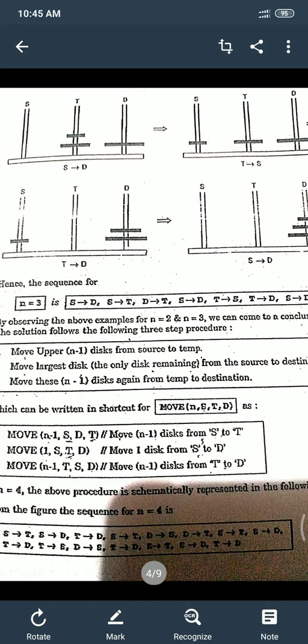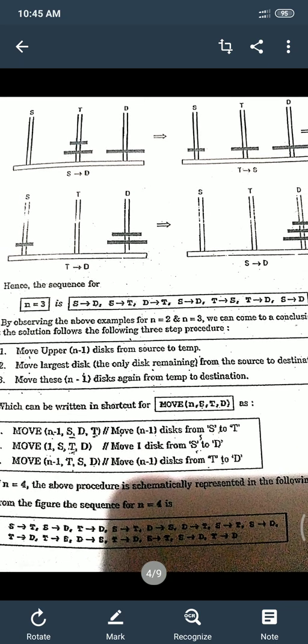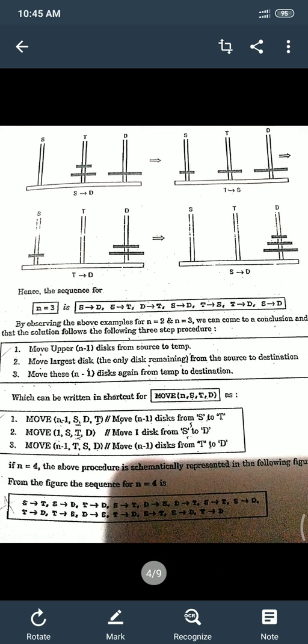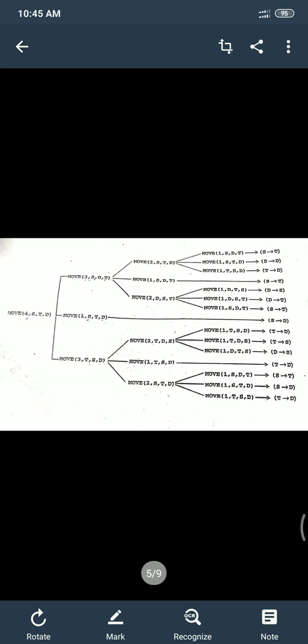The third, move(n minus 1, t, s, d), is nothing but move n minus 1 discs from temporary to destination pillar. In a similar way, in the other example we have taken, if n equals 4, the same procedure will be followed.